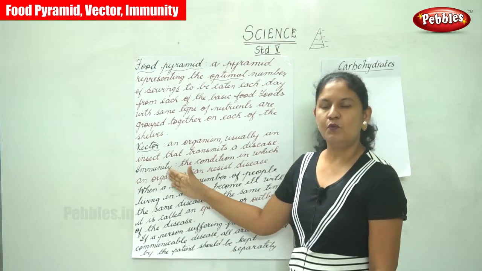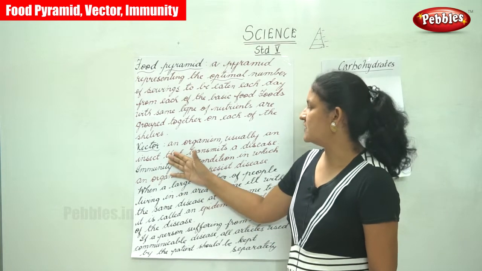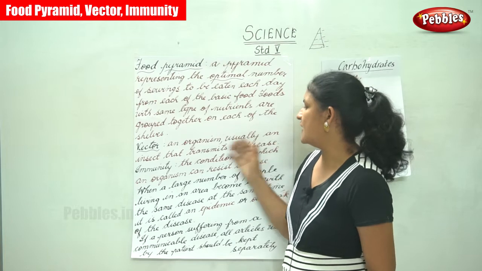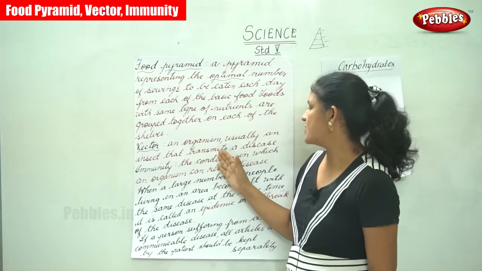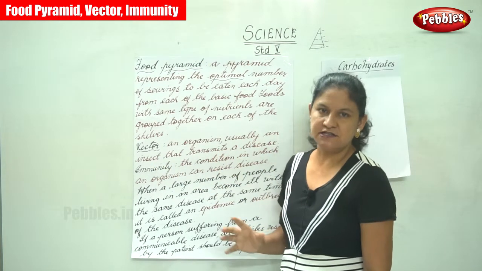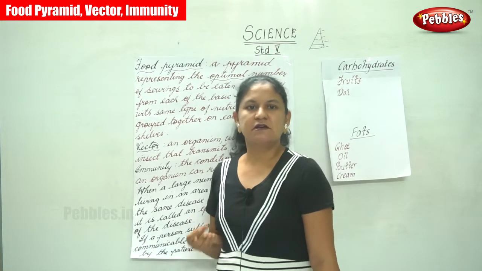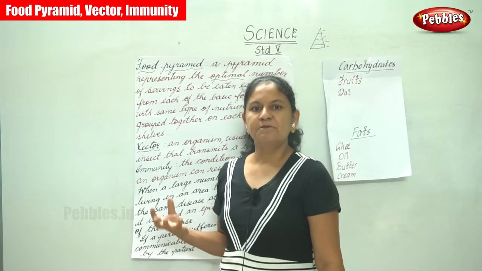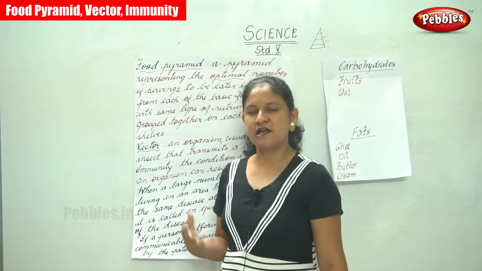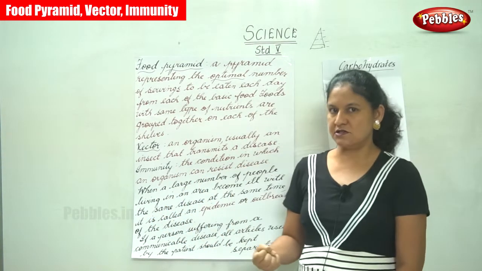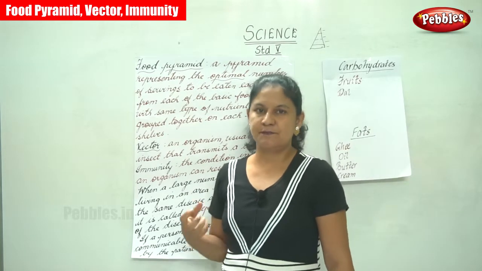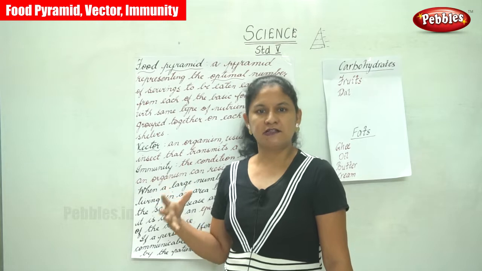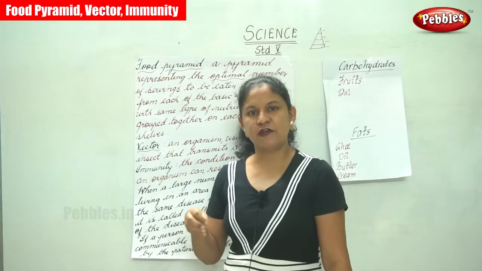Next is vector. A vector is an organism, usually an insect, that transmits a disease. We have seen that insects like mosquitoes, flies, etc. sit on contaminated food and water or infected persons, and then they sit on healthy people and infect them.